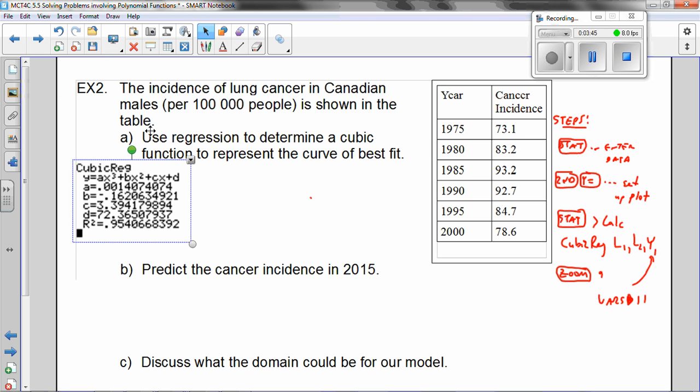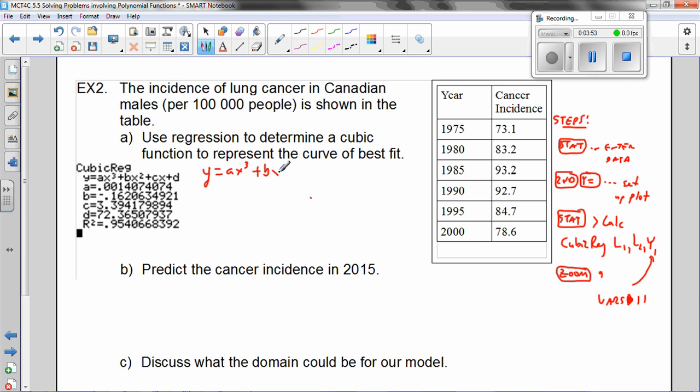Okay, well, this is telling us that the cubic function has this form, and we kind of saw that. That looks like a polynomial function. Well, it is degree 3. And it's telling us what the values of A, B, C, and D are, right?